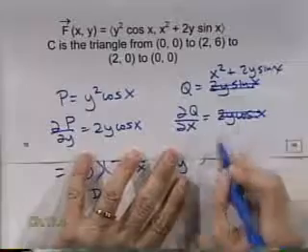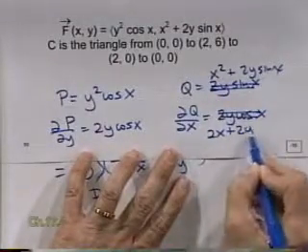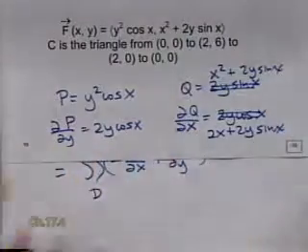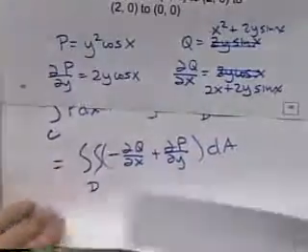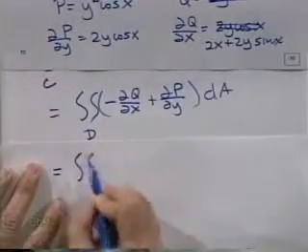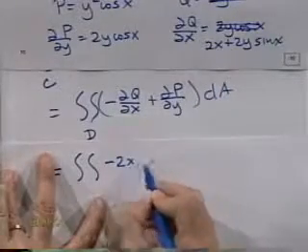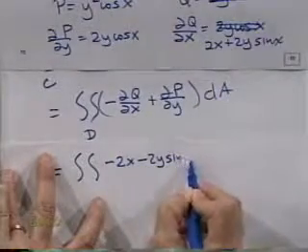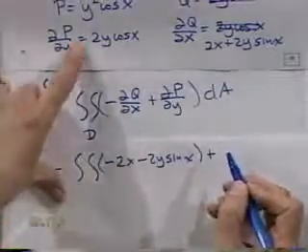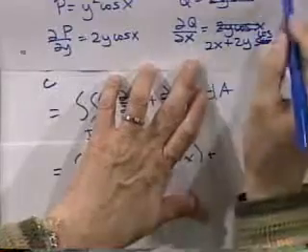So the partial of that with respect to x is 2x plus 2y sine x. Okay, so plugging that in here, we get minus the partial of q with respect to x, which is minus 2x minus 2y sine x, plus, oh, not sine, that's cosine, because we're taking the partial with respect to x.